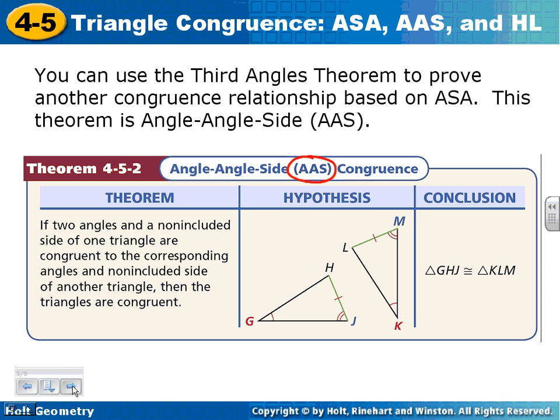And it reads, if two angles and a, circle this word, non-included, so it's not between, side of one triangle are congruent to the corresponding angles and the non-included side of another triangle, then the triangles are congruent.